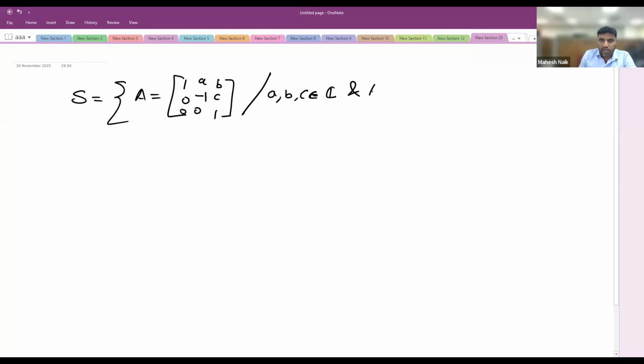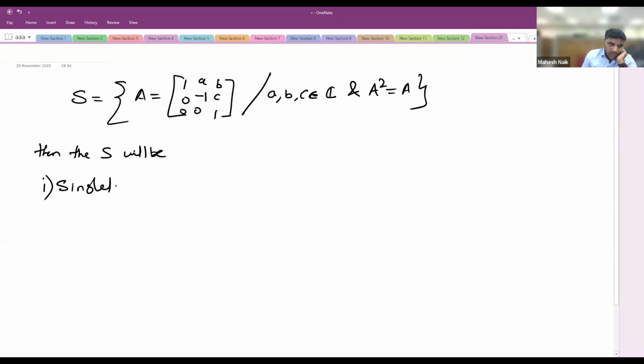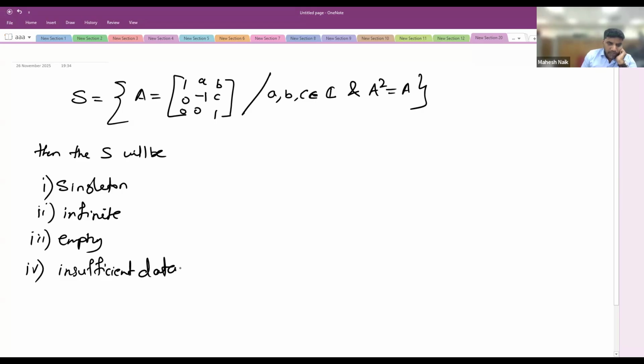And also we want A square to be equal to A. Okay, so we have 4 options about S. The set S will be singleton, infinite, empty, or we have insufficient data to talk about this. So, can we look at this?